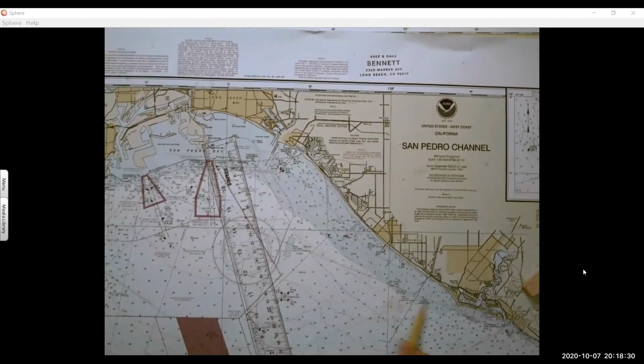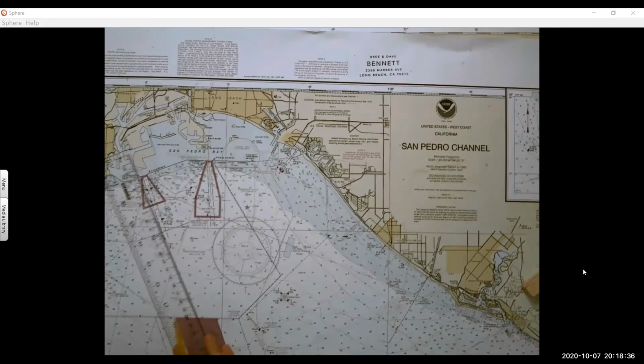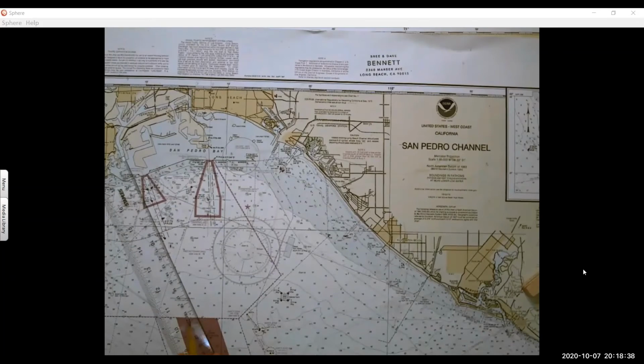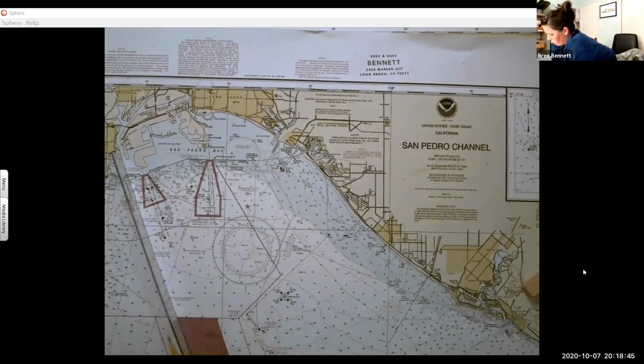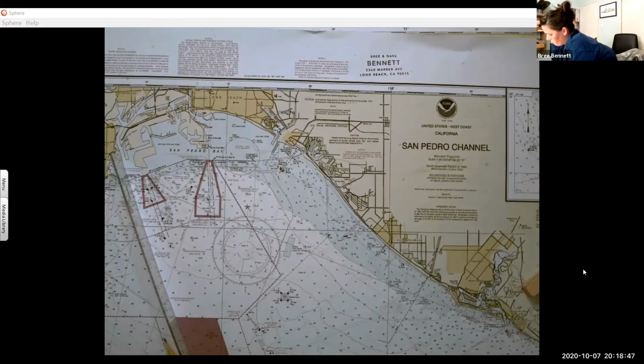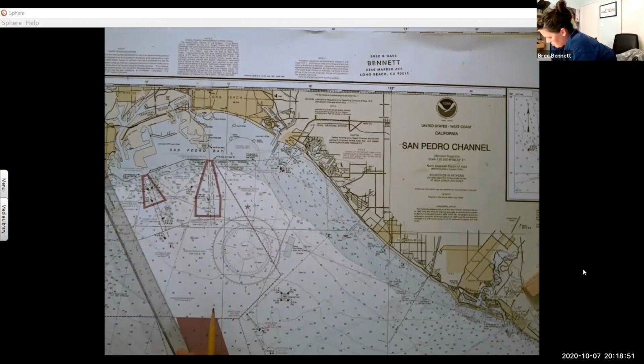What do they mean by a fish haven? Is that like an area where you're not allowed to fish? Is that an actual obstruction? What is a fish haven? I want to say that you're not allowed to fish there.